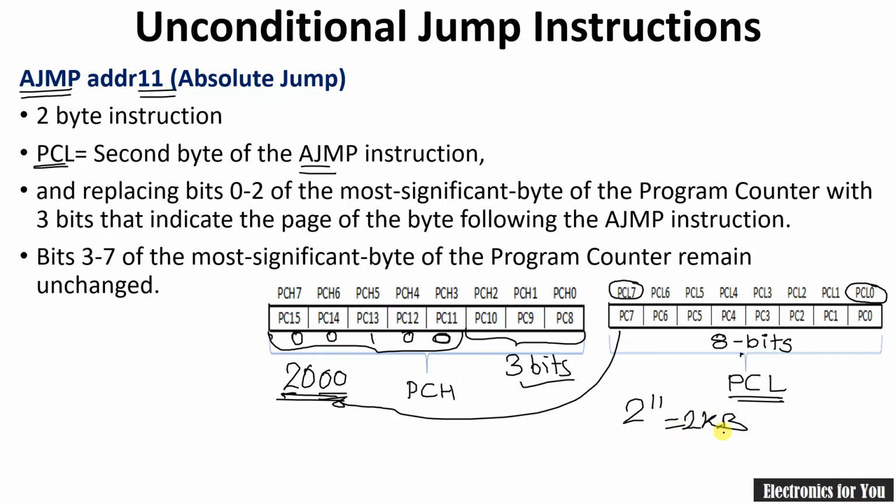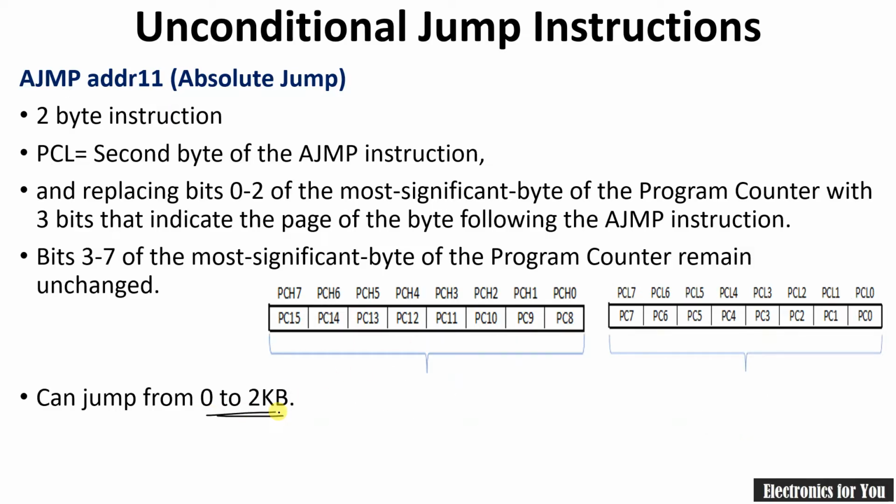Therefore the jump range will only be 2 KB. So this is to be noted. In case of LJMP, it is a complete 64 KB jump, whereas in case of the AJMP instruction, it is only a 2 KB jump. This 2 KB jump will be to the next address indicated.